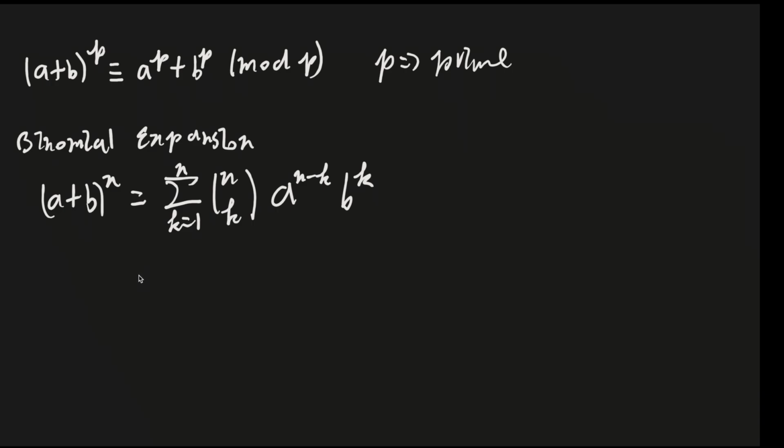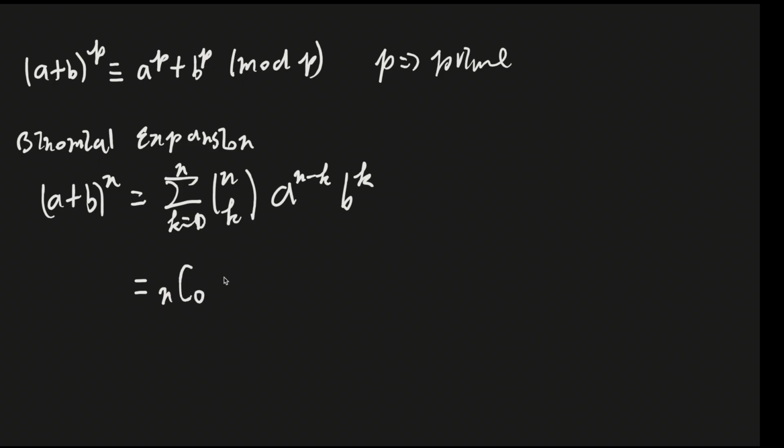So basically, this is also indicating a combination. I'm going to represent this sum from k equals 0.